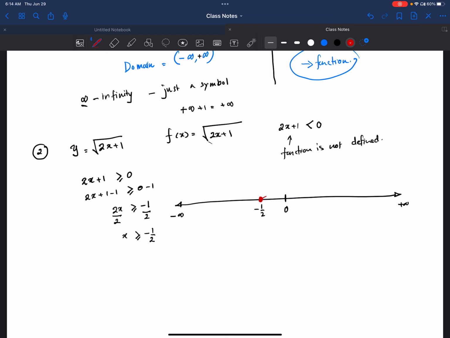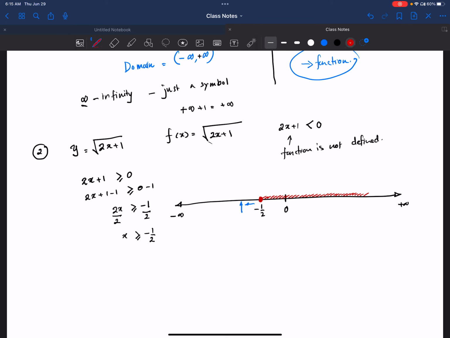And all the x values greater than negative half can be taken into the domain. If you take any x value less than negative half, that makes this function undefined. That makes sense.